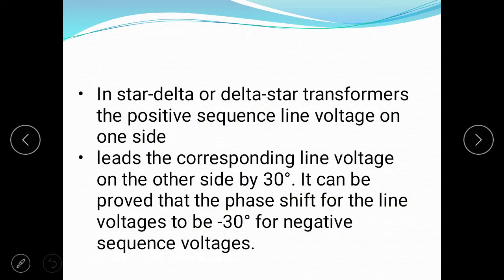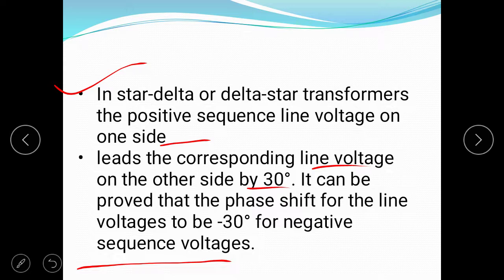In a star delta or delta star transformer, the positive sequence line voltage on one side leads the corresponding line voltage on the other side by 30 degrees. It can be proved that the phase shift for the line voltage is minus 30 degrees for negative sequence voltage.